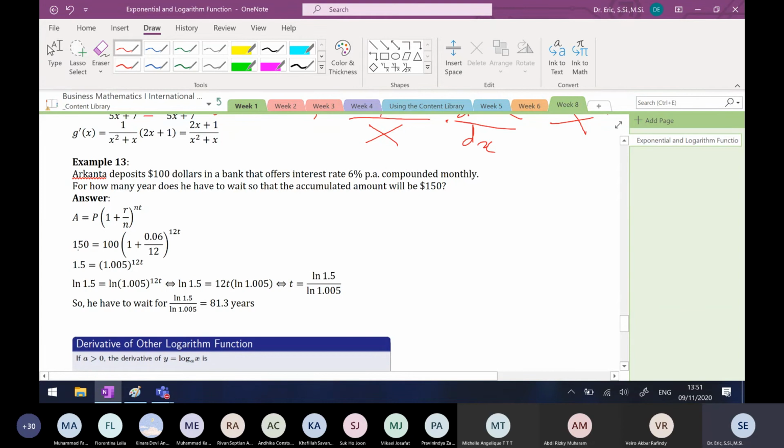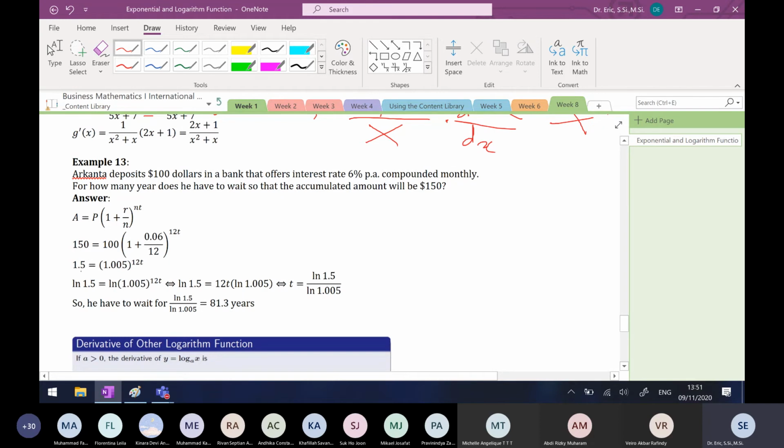So I have A equals 150. The principal is 100. I want to find t such that 150 equals 100 times this. I can simplify this. This is just 1.005 to the power of 12t.